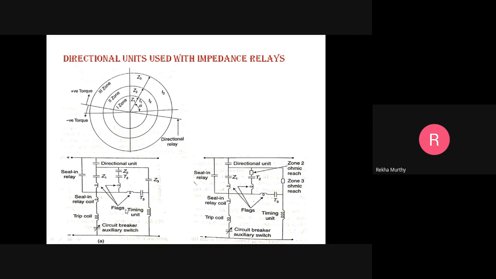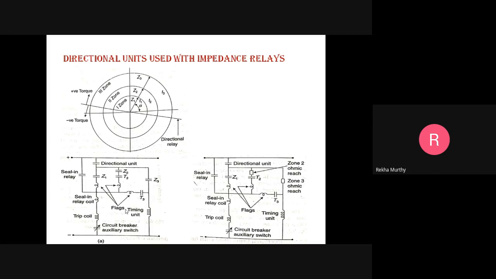That can be observed here. A very detailed explanation will be given in the next session. But here, the information to take away is that the directional unit will have a straight line characteristic, which you have seen here, and it allows the impedance relay to see only in the forward direction.